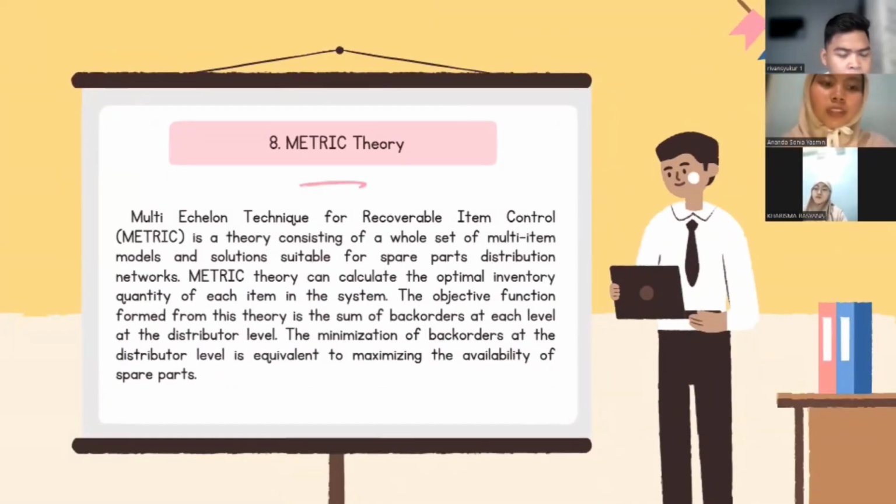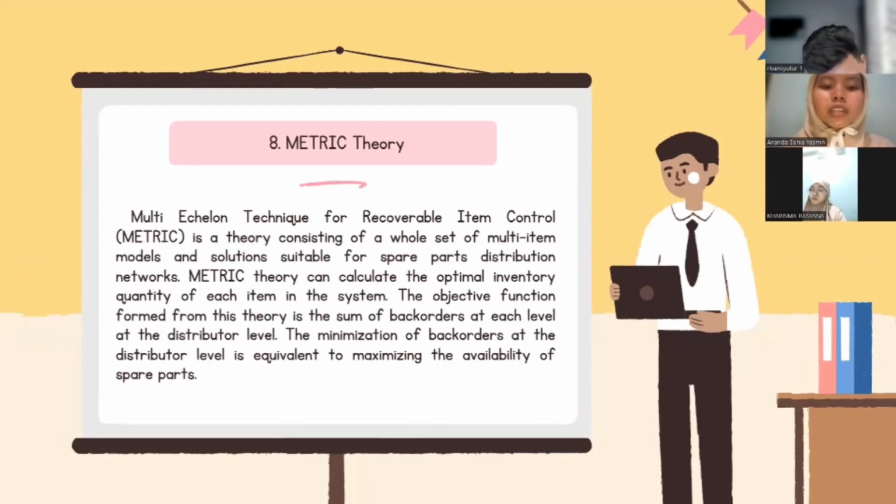Next is METRIC theory, multi-echelon technique for recoverable item control. METRIC is a theory consisting of a whole set of multi-item models and solutions suitable for spare part distribution networks. METRIC theory can calculate the optimal inventory quantity of each item in the system. The objective function formed from this theory is the sum of back orders at each level at the distributor level.